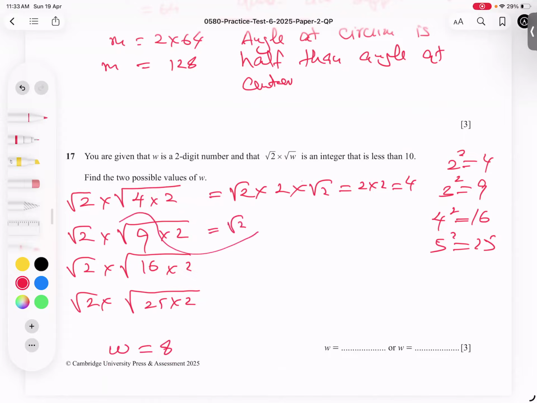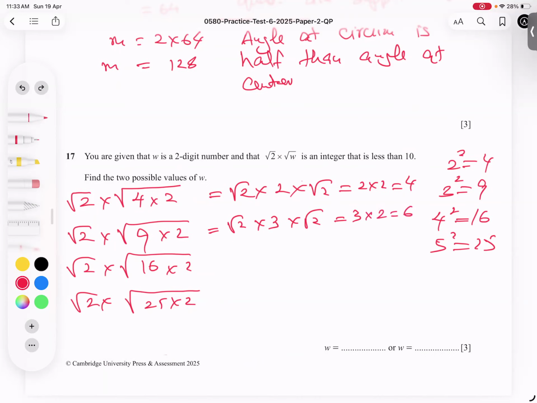Root 2 here, root 9 is 3, and root 2 stays as it is. Root 2 gives 2, but 3 is already present. So here I'm getting 6. But the problem is only one: I will not take 8. Why will I not take 8? Hold on. He said W must be a two-digit number.